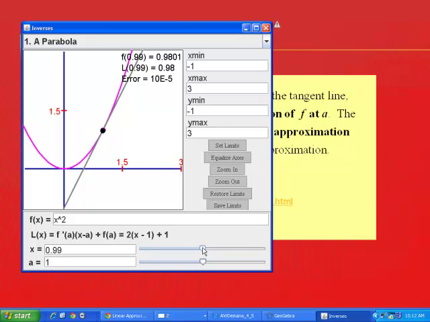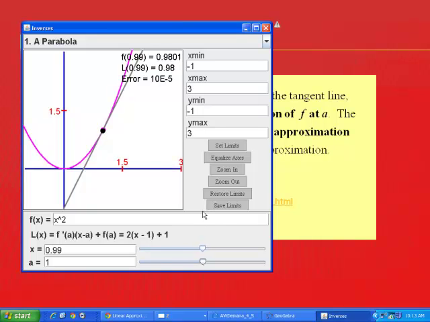Now, as I move away, notice that the tangent line value and the function value again are growing very far apart, and my error is getting larger. See there, I have a 73% or 74% error. But as I move this point back to that center of approximation right here, I have a very, very small error.